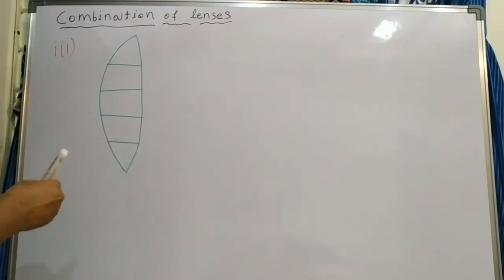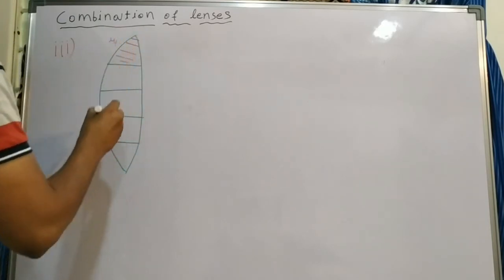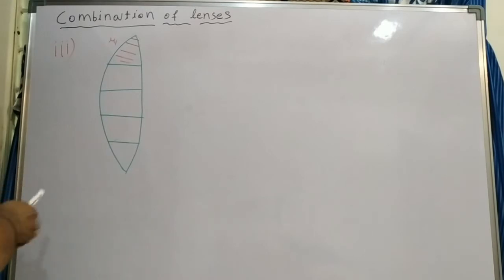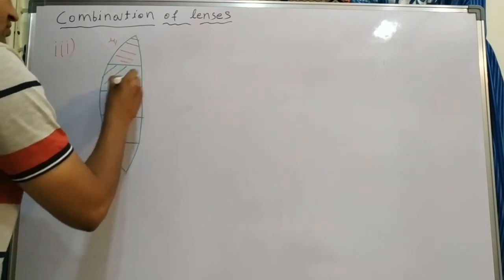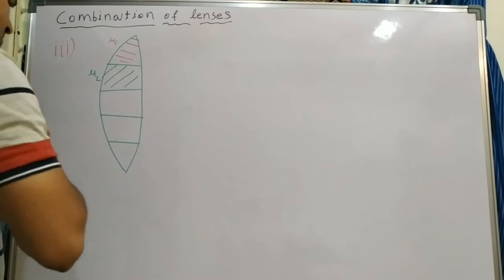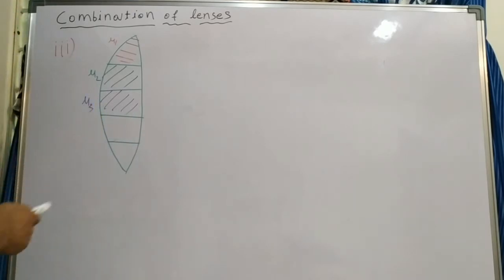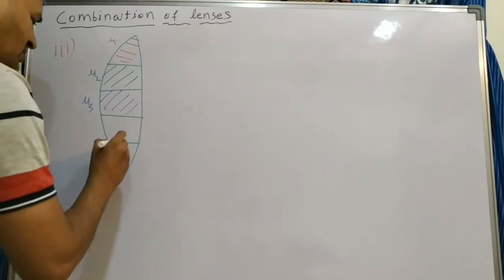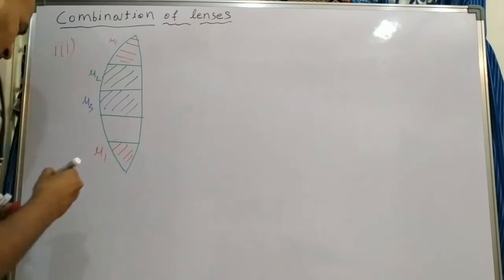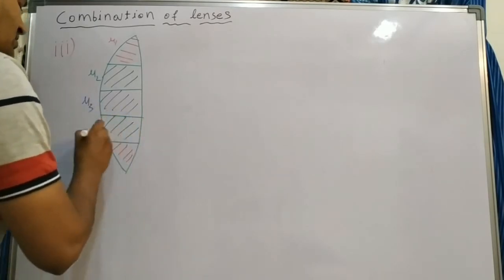Suppose this part is made with a material having refractive index mu1, and the next one made with refractive index mu2, and the next one you take mu3. Again here this is made with mu1 again, and this is made with mu2.